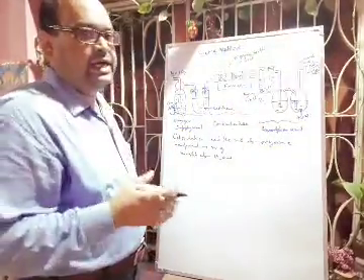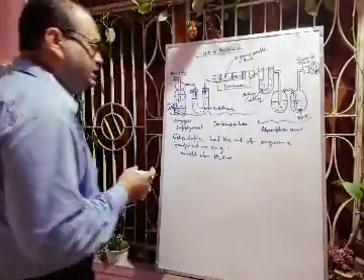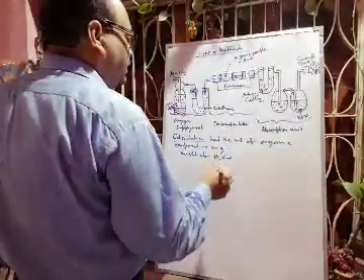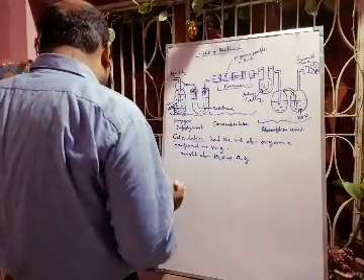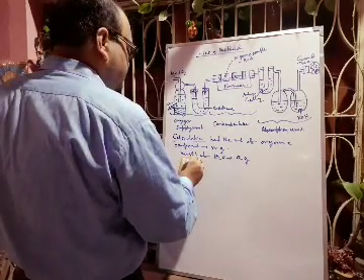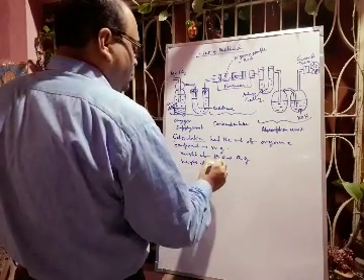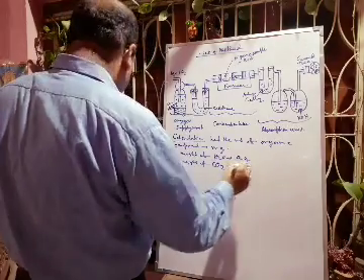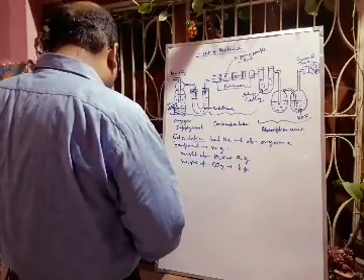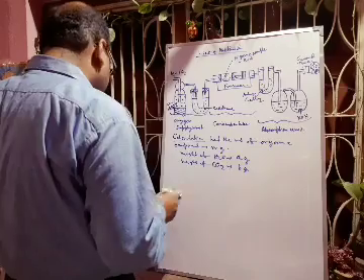When you take the difference, you get the weight of the water vapor. Suppose this is A gram, and the weight of the carbon dioxide gas will be B gram. So from here you have to calculate the percentage of hydrogen.